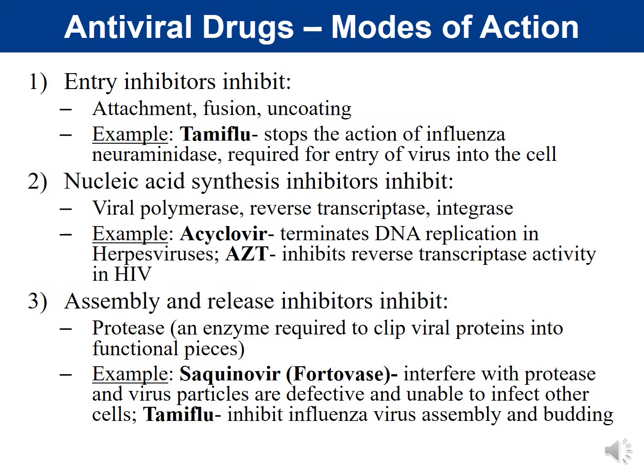And the way that this drug works is that it interferes with protease and virus particles, and these are defective and unable to infect adjacent cells. Tamiflu, in addition to blocking entry, is also used to inhibit influenza virus assembly and budding. And so these are the main ways through which antiviral drugs typically work.